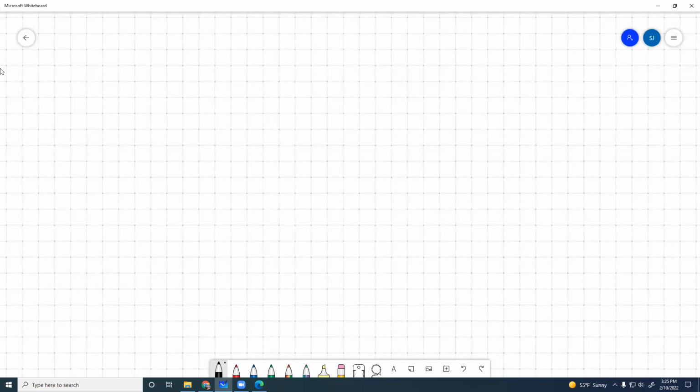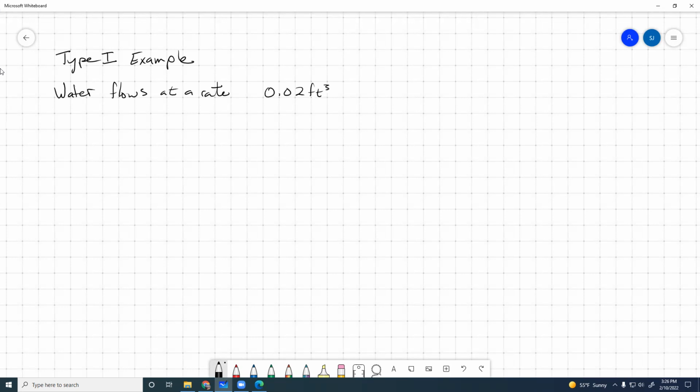Okay, so let's do a type 1 example together. Water flows at a rate of 0.02 cubic feet per second through a horizontal pipe that is 500 feet long, made of galvanized iron.